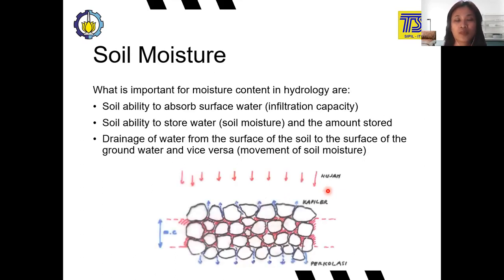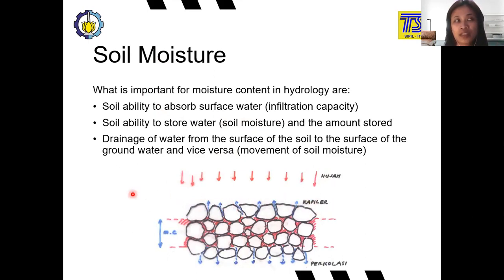So what is important for the moisture content in hydrology? The first one is the soil's ability to absorb surface water, which we name infiltration capacity. As you know, if rain happens, this is the rainfall, and here we have the soil.